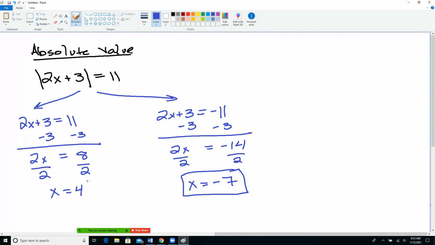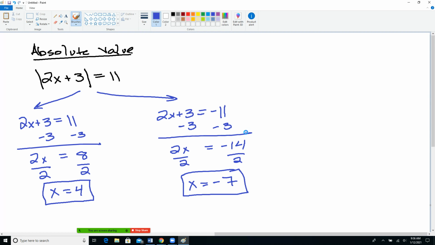Some students would always get one answer and then just say it equals the opposite of that one. It does not. You have to solve both of those equations to get your answer. So x can either equal 4 or it can equal -7.